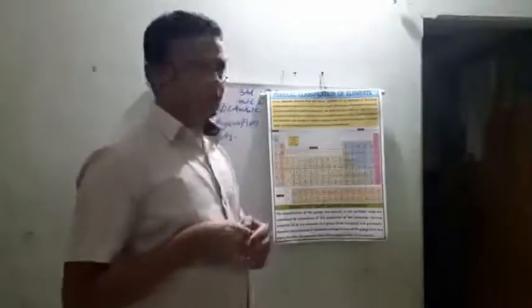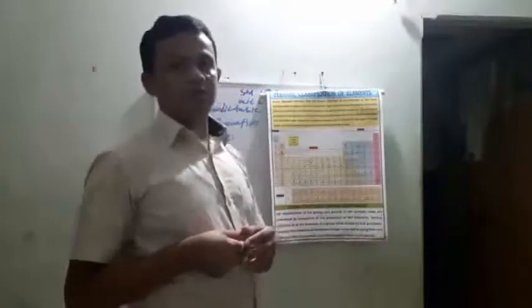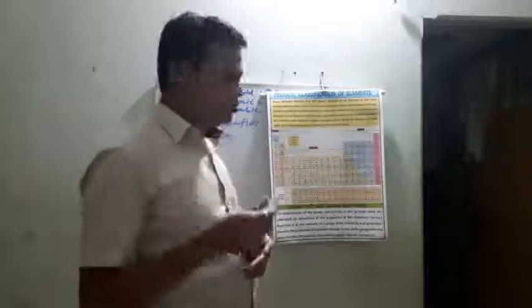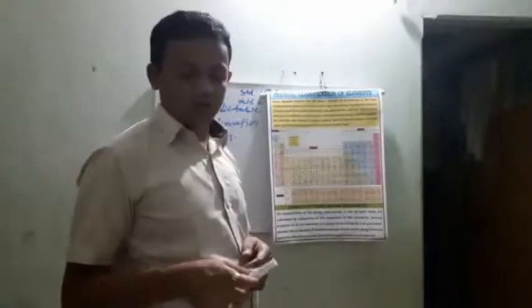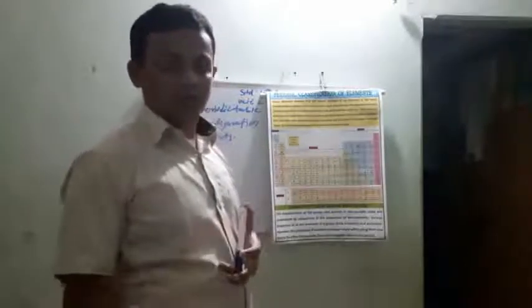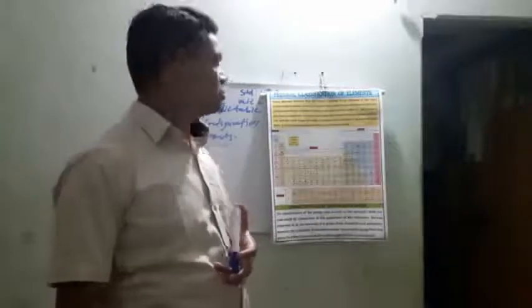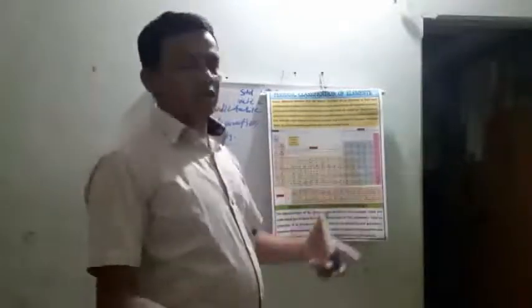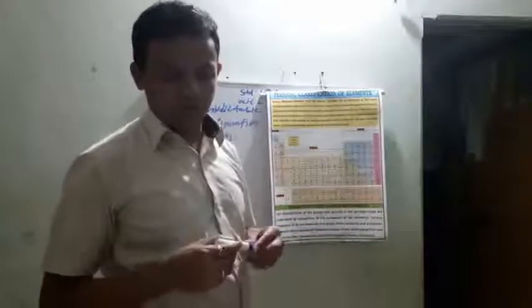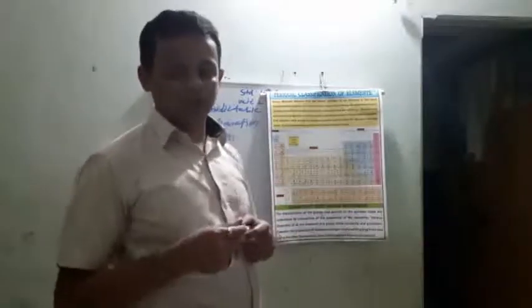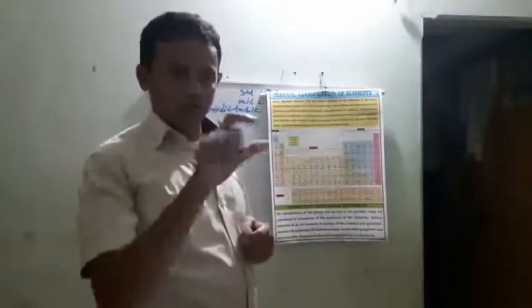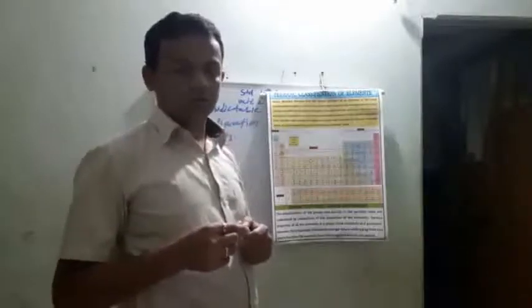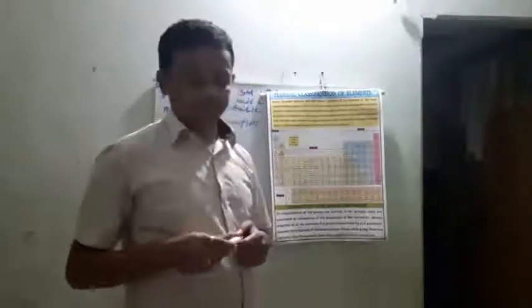You can remember the names of these elements in an easy way. There is one trick to remember the names of these elements and their atomic numbers. So what is that trick?